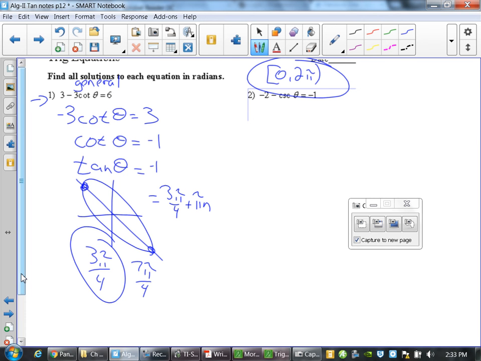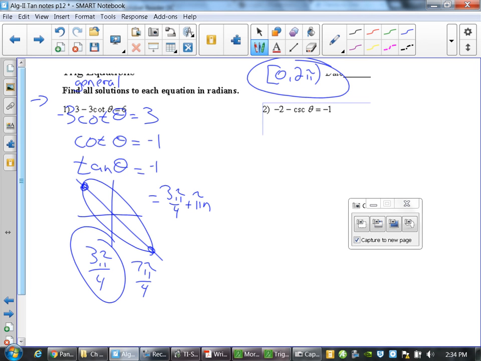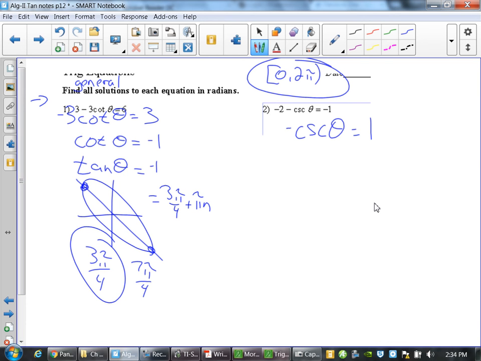Same deal when you look at the interval between 0 and 2 pi. The only difference is you're solving for all angles that give this answer. Add 2. Divide by negative 1.